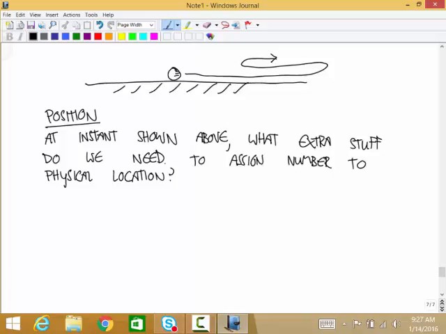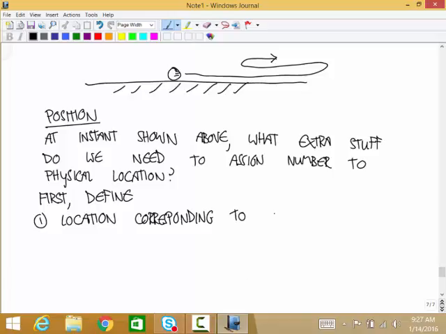And so before we can put a number to it, we have to define two things. A location corresponding to 0 position, and then if a motion is just along a line, directions are pretty simple, right?